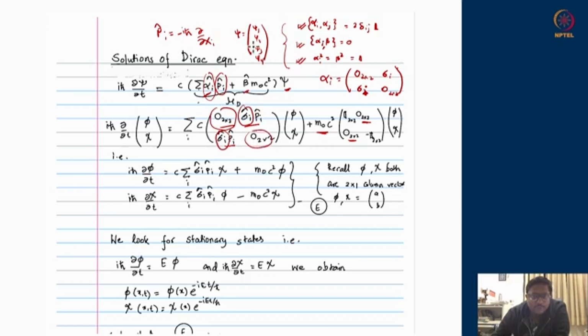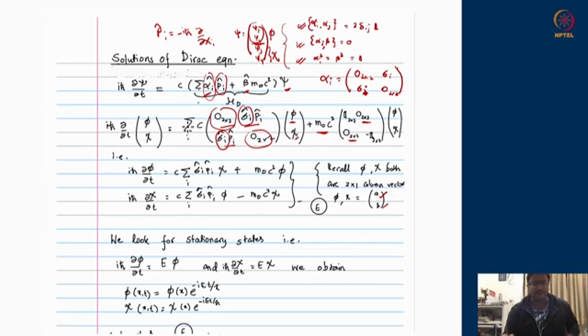Then we can split the full wave function also into 2 cross 1 and 2 cross 1. The upper block will be called phi and the lower block will be called chi. So the upper and lower blocks are doublets. Phi is a doublet made up of 2 elements like a, b, and similarly chi is another doublet also made up of 2 elements, something like a prime, b prime or c, d. So this is the structure which we'll get.